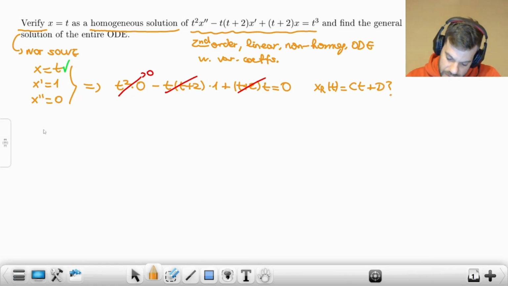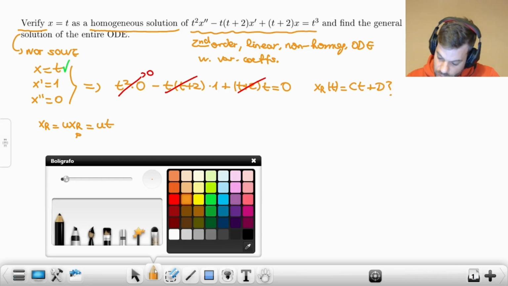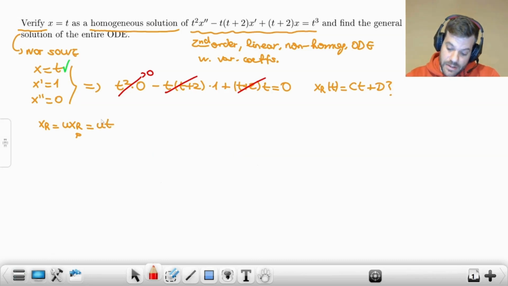So we know that when everything is changing, when the coefficients are variable, x homogeneous equals a mysterious function u times x homogeneous particular. So more specifically, u times t. And our goal is to find that mysterious function u.